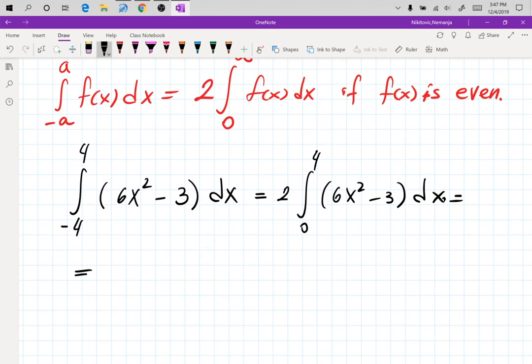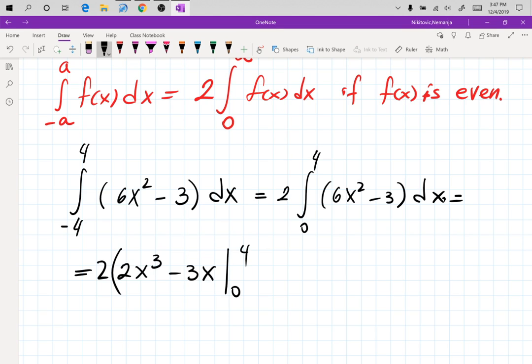So now, the integral of x squared is x cubed over 3. So this becomes 2x cubed minus 3x, computed from 0 to 4, and everything needs to be doubled. There is a 2 in front. So you copy the 2, and then you integrate from 0 to 4.